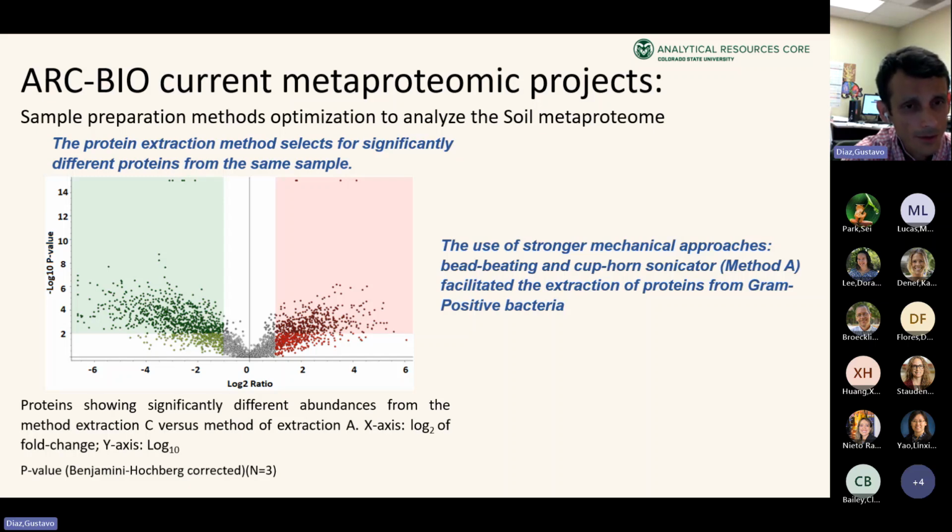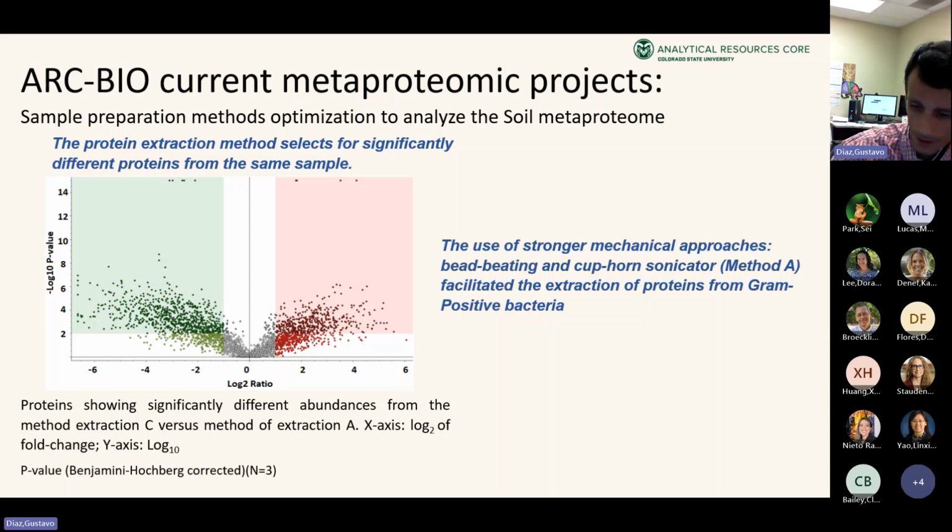And also, one of the major findings that we are having so far is that strong mechanical approaches, such as bead beating and the cup horn sonicator, all of those used in method A, facilitated the extraction of proteins from gram-positive bacteria. As you know, gram-positive bacteria have a thick cell wall rich in peptidoglycan that normally makes them stronger and more difficult to break apart.